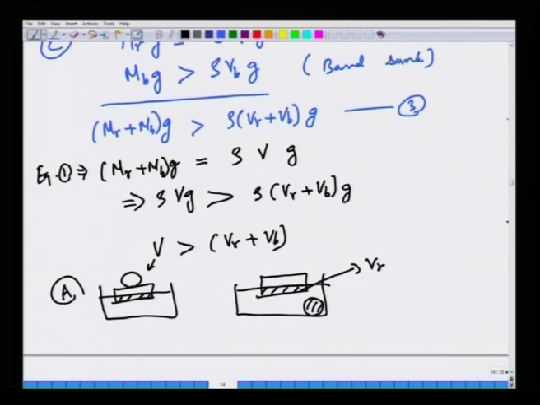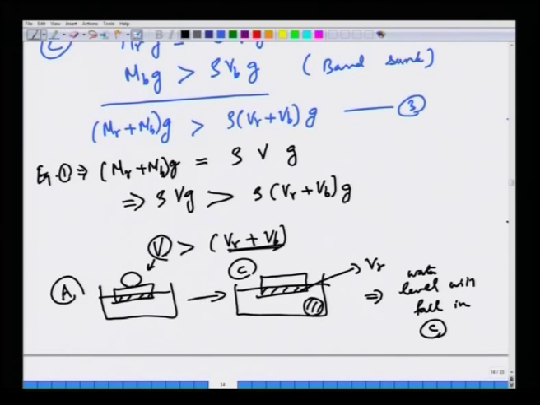So, this implies that the water level will fall in case C, because the displaced volume here is less than the total volume when the raft and barrel both were floating. So, compared to these two cases, the water level will be smaller because the displaced volume here is smaller compared to the displaced volume in case A.